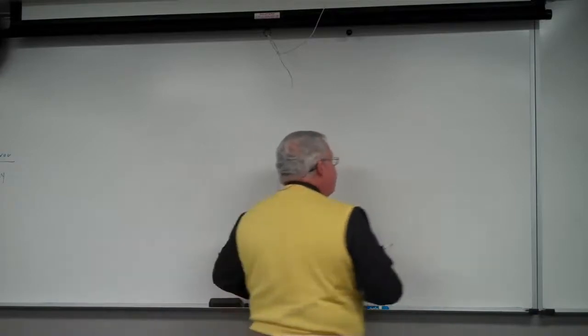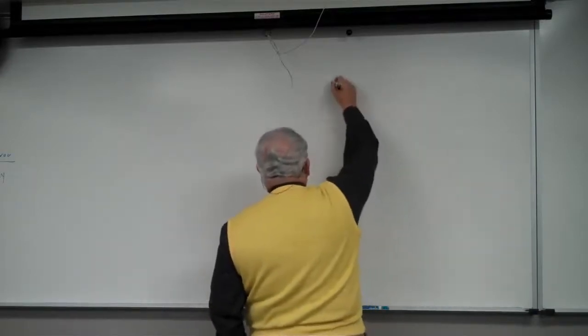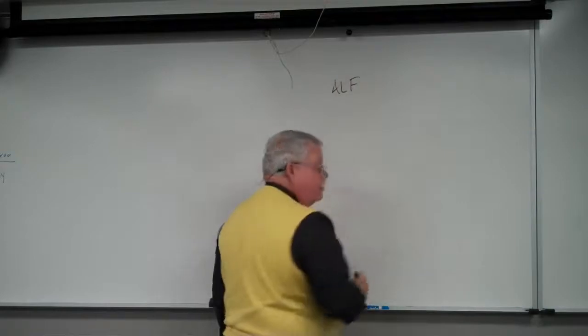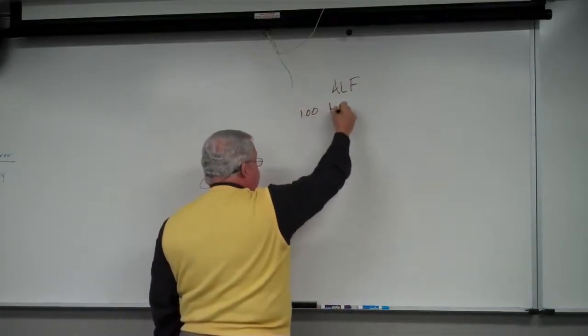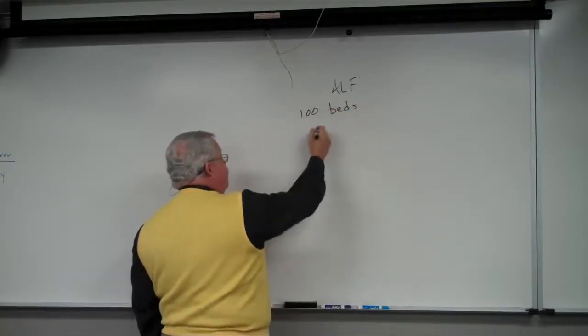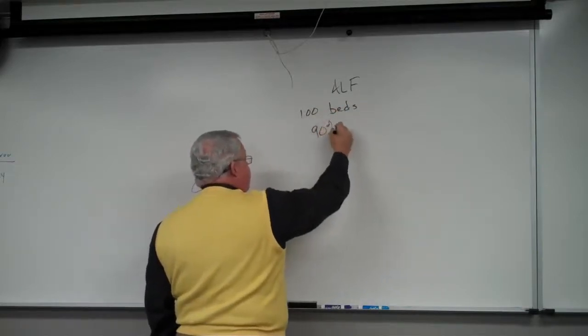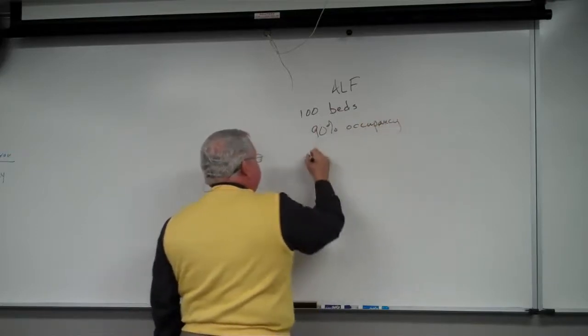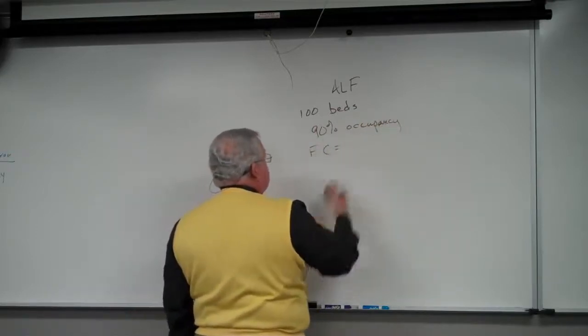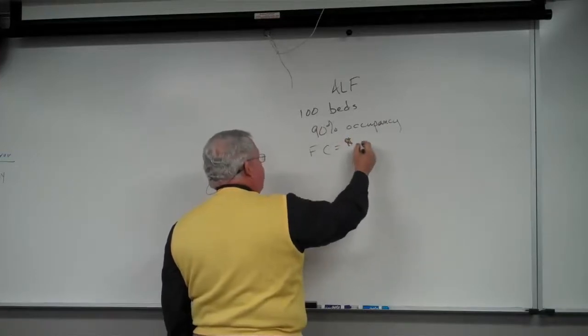Well, let's go do the assisted living facility again. Same ideas, right? You've got 100 beds in your assisted living facility. You typically run a 90% occupancy. Your fixed costs every month are $9,000.